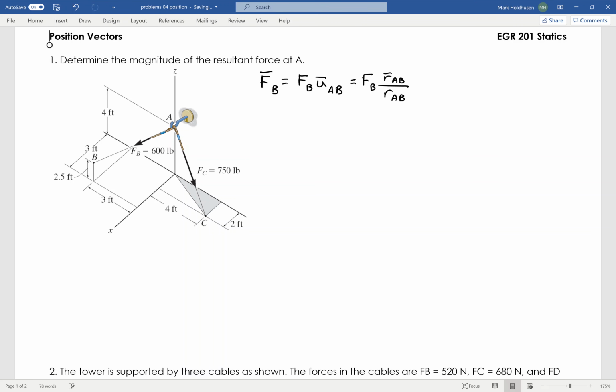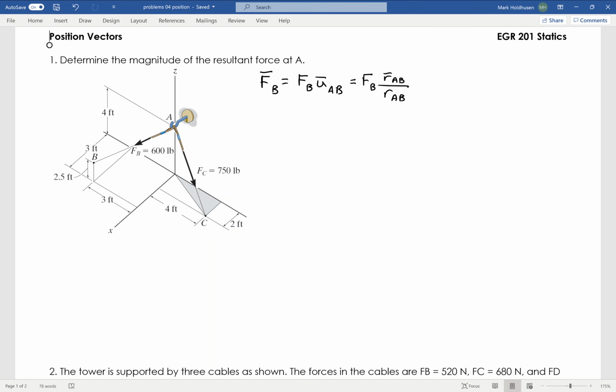So if I take a vector by its magnitude, what I'm left with is a unit vector, because if I take a number divided by itself, I'm left with 1. So if I take a vector divided by its magnitude, I'm left with just the vector directions, which is what I'm looking for. Then I take that unit vector times the force magnitude to get that force in Cartesian form.